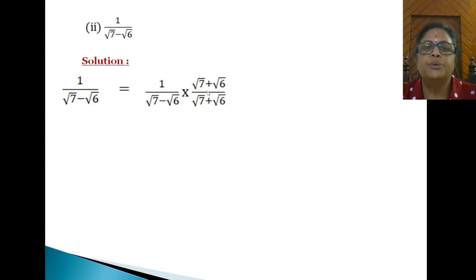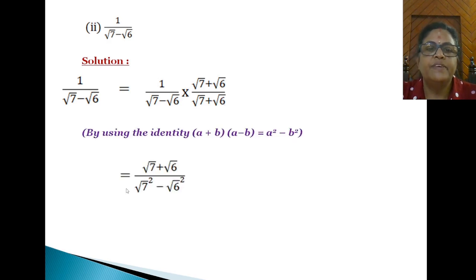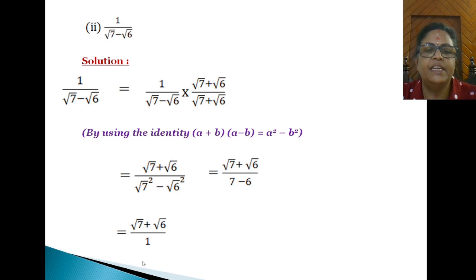So numerator into numerator is root 7 plus root 6. Denominator into denominator is a squared minus b squared: root 7 the whole squared minus root 6 the whole squared. Root 7 squared is 7 and root 6 the whole squared is 6. So root 7 plus root 6 divided by 7 minus 6, that is 1. So here the denominator is a rational number.